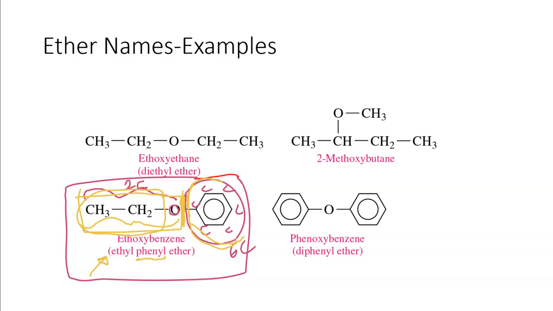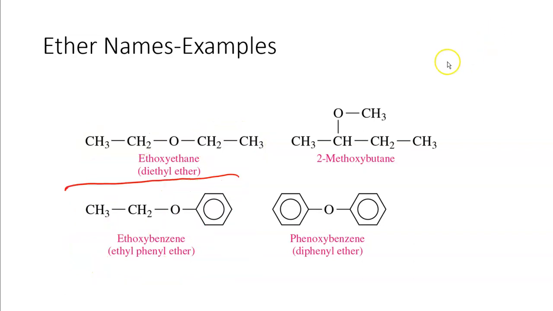Okay, so in the previous molecule we said it's diethyl ether, it's like ethyl and ethyl groups are there. So just like that, we give the name phenyl when the benzene ring is attached like a substituent. So therefore, the common name will be ethyl phenyl ether.